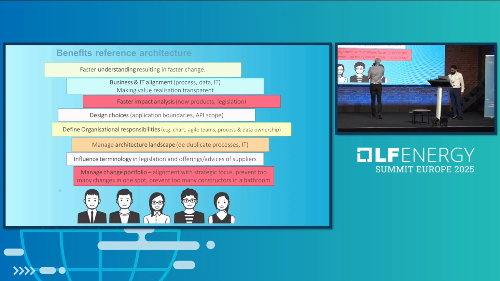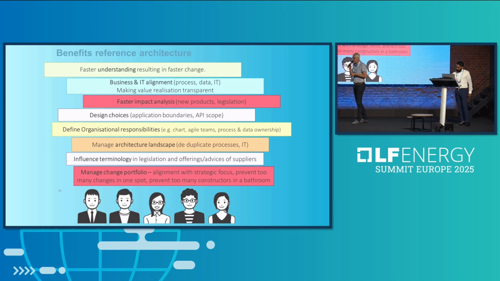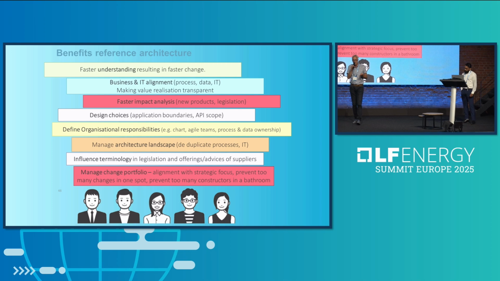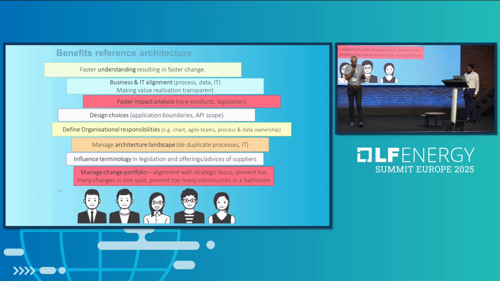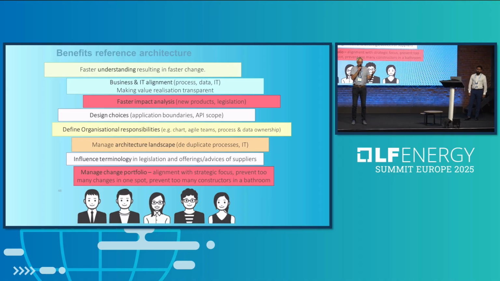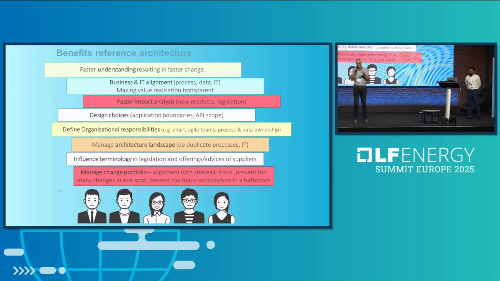Another benefit I would like to mention is you can use the reference architecture to explain where in the landscape your solution is. And that makes it easier for the business to look the other way around. What kind of solutions are there for my piece of business? And then you have a connection. That's where reference architectures have a real benefit.